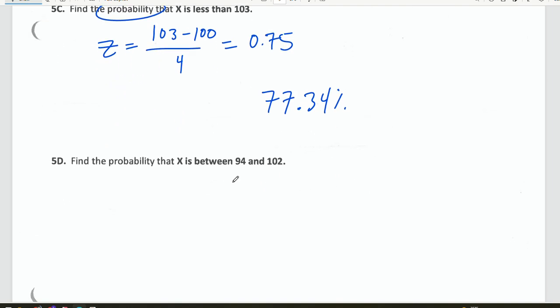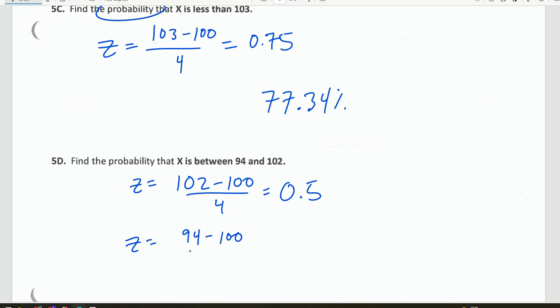Find the probability that it's between 94 and 102. So we find the z-score for the bigger one first. And we find the z-score for the smaller one, 94 minus 100 over 4. That's -1.5. And we'll find the probability for each.